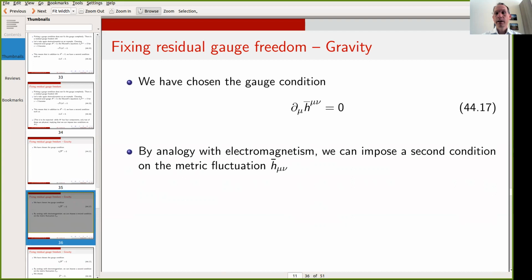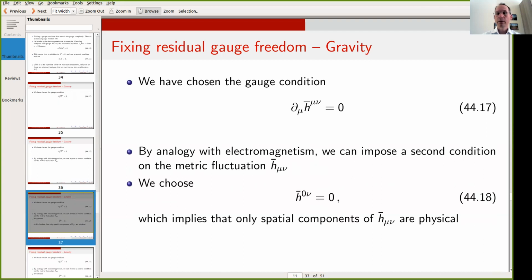By analogy with electromagnetism, we can impose a second condition on the metric fluctuation, and we do that very much like in electromagnetism. We choose the 0 components of the metric fluctuation to be vanishing, and then that means that only the spatial components of h bar are actually physical.